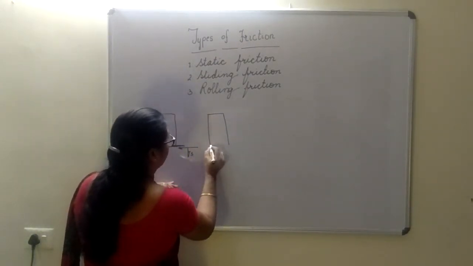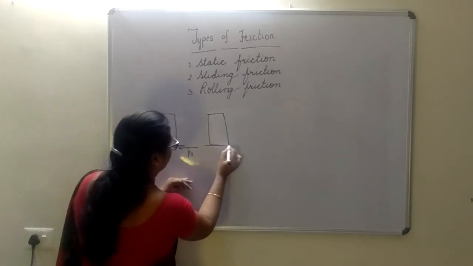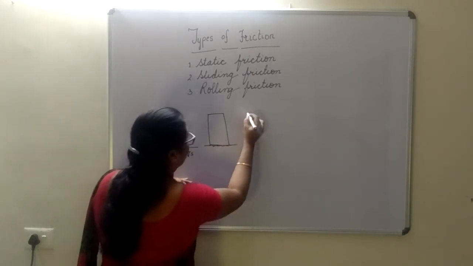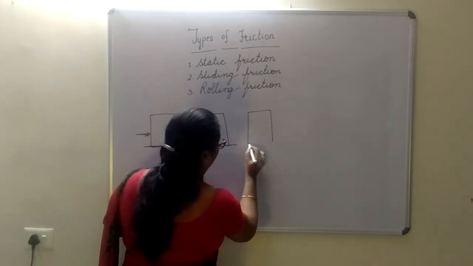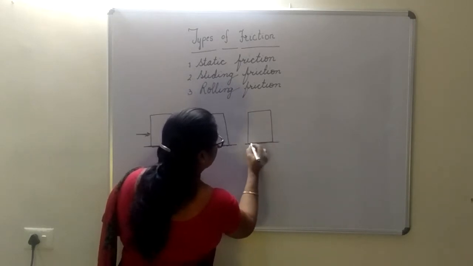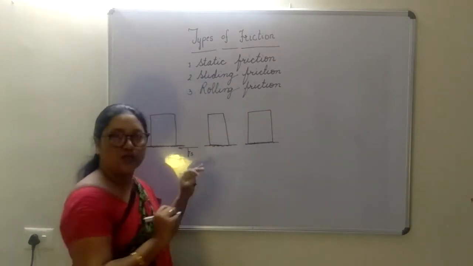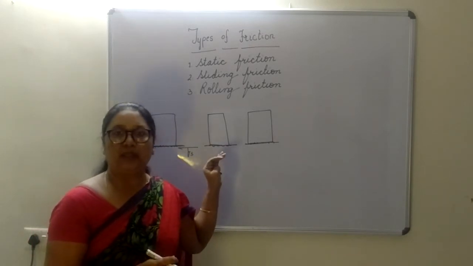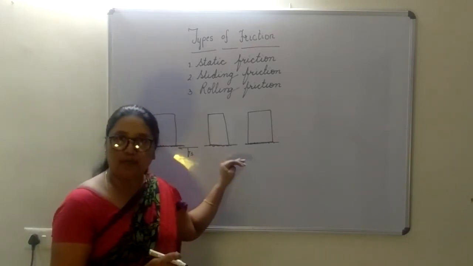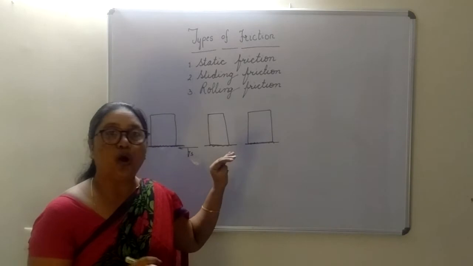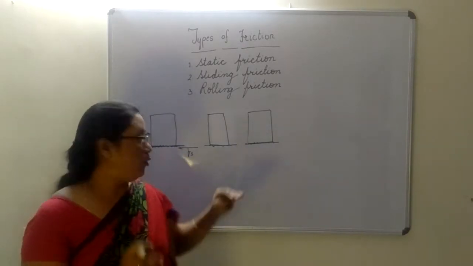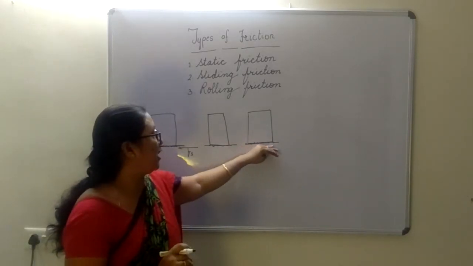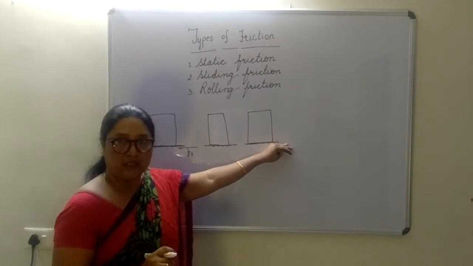When you are sliding, this box shifted to here, so the point of contact is here. Again, when the box is sliding, this point of contact is here. So in sliding the box, the contact points on the surface do not get enough time to interlock into the contact points of the other surface. Clear, children?